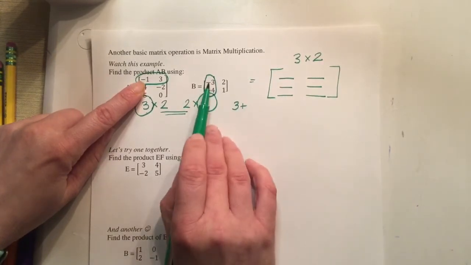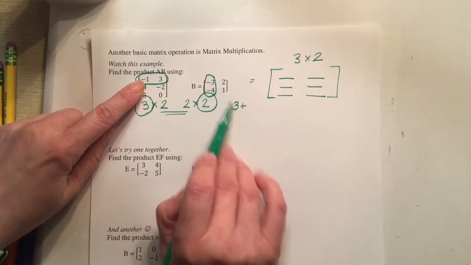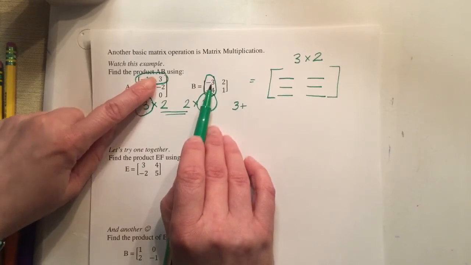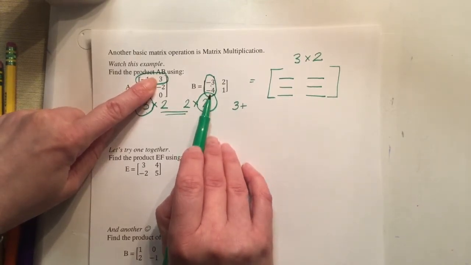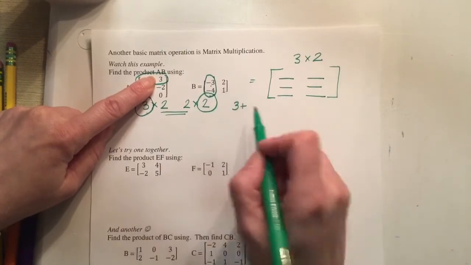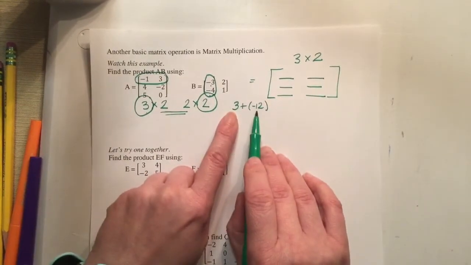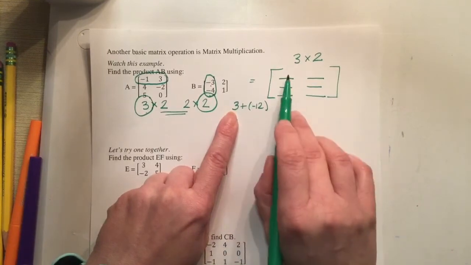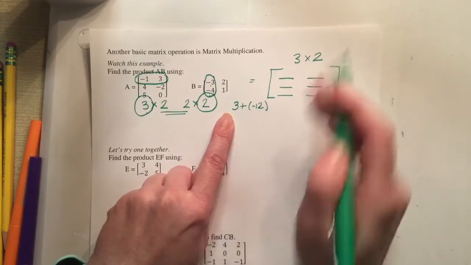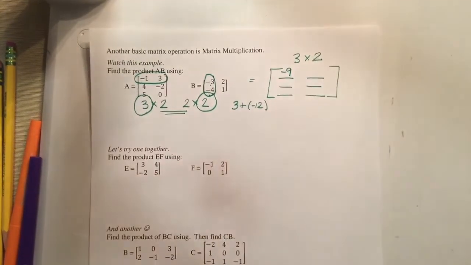There are more numbers in the row and column, so I add. Now I shift my finger over here and down here. 3 times -4 is -12. When you add those values, that gives you your value for row 1, column 1. +3 plus -12 is -9.